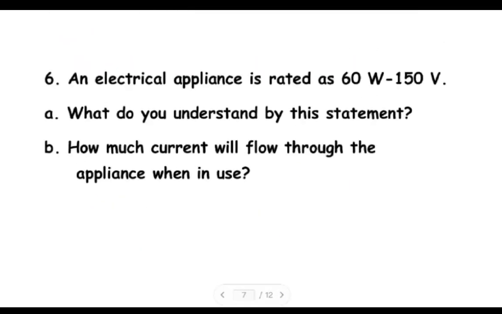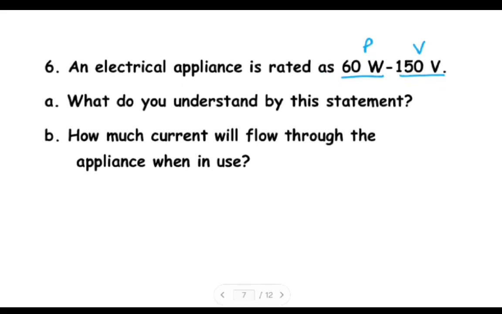Next sum. An electrical appliance is rated as 60 watt, which is the power, and 150 volts, which is the potential difference. Okay, what do you understand by this sentence?